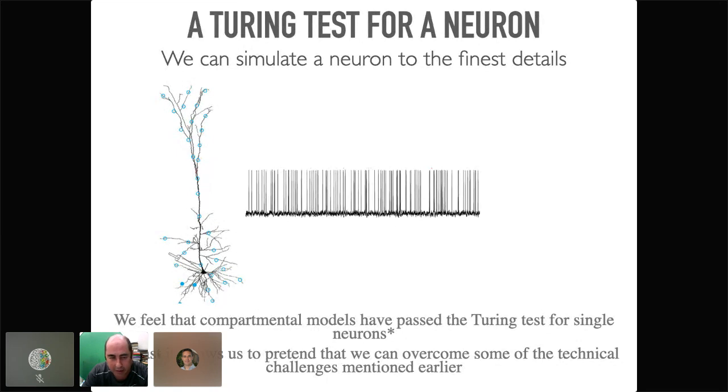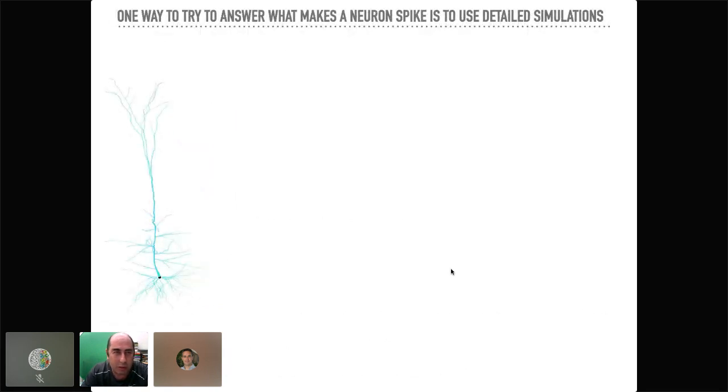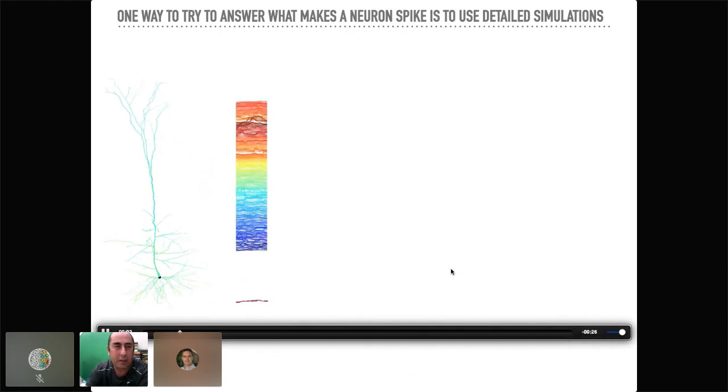And then it at least allows us to pretend that we can overcome some of the technical problems that I just mentioned earlier. Okay, so what would it look like? It would look like something like that.